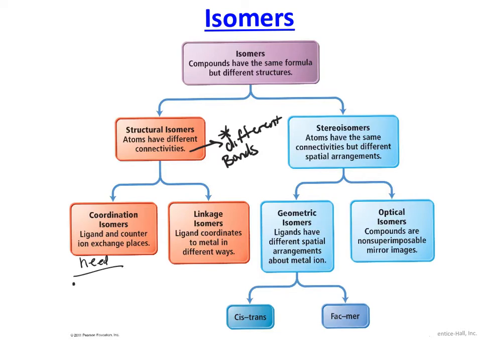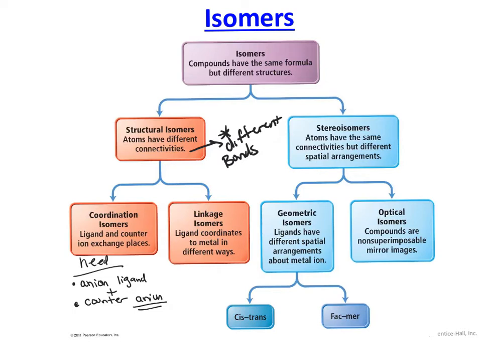That means you must have an anionic ligand and a counter anion, and they're going to swap. So they swap places. The reason you need a counter anion, because if you had a counter cation, remember, we never have ligands that have positive charges.